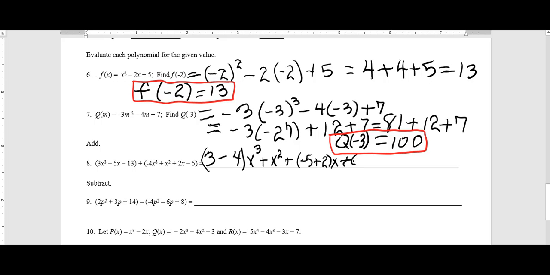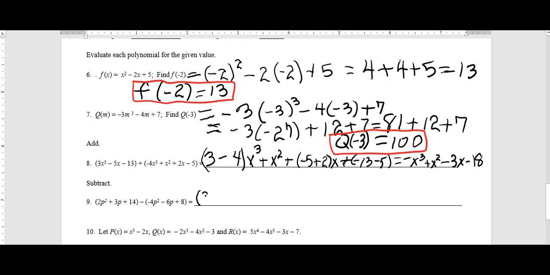Then -5 plus 2 is going to be the coefficient of x. -13 minus 5 is going to be my constant. So I wind up with -x cubed plus x squared minus 3x minus 18. And this is how I would add these two polynomials.